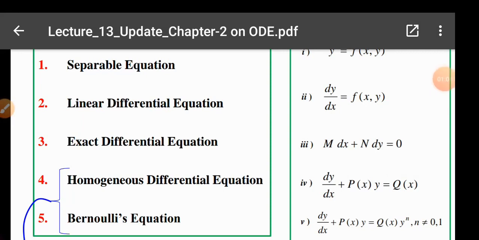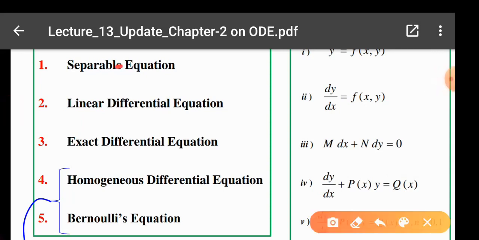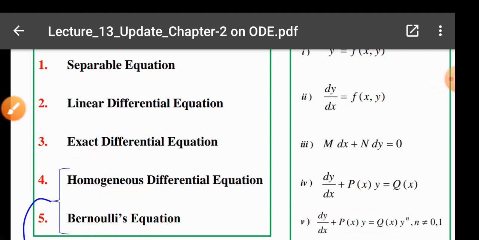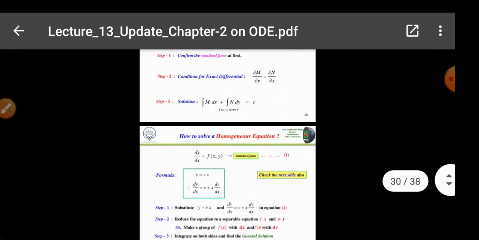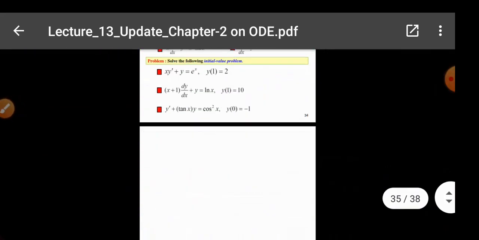So I have described all the solution techniques for separable differential equation, linear equation, exact equation, homogeneous equation and Bernoulli equation. Now it is your task to solve from the homework portion, and you know that I have already given an assignment on all these topics.